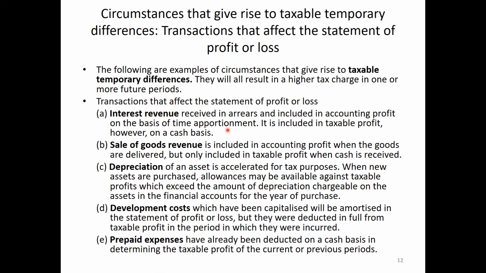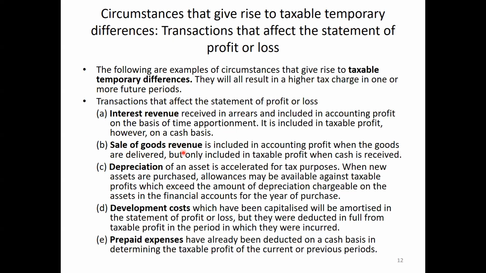But for tax purposes, when we calculate taxable profit, we do not include that amount, because tax provisions include the amount once we receive the revenue in cash. It is included in taxable profit on a cash basis. Whenever we receive cash, only then do we realize it as revenue.